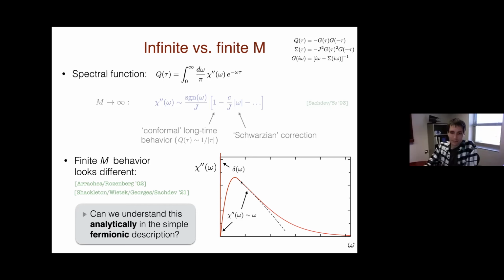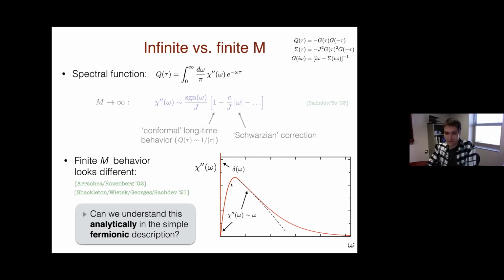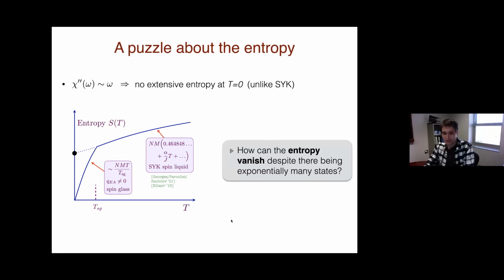Okay, but let me sharpen a little bit the thermodynamic properties or consequences of this spectrum. Another way to think about this is in terms of the entropy. Because this density of states here is suppressed, this also means that the thermodynamic entropy disappears. So it seems like the entropy in this state is going to go to zero at zero temperature. Here's a sketch of what we would expect this entropy to look like. Again, at high temperatures, it has this behavior as in SYK with some particular constant contribution, and then this correction that's described by the Schwarzian and so on.